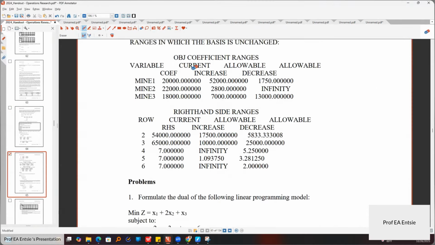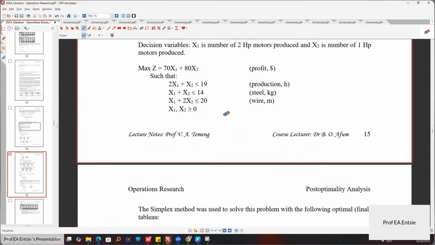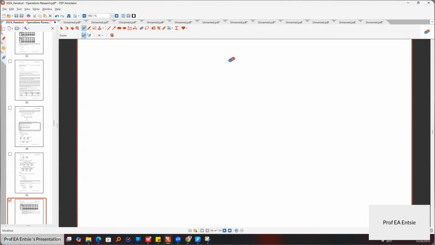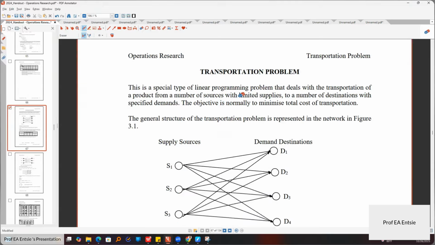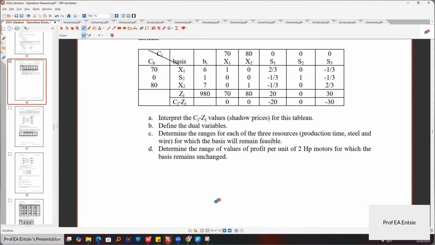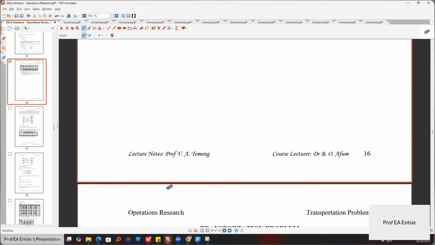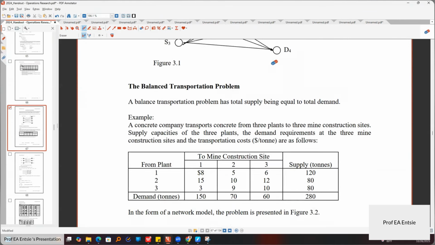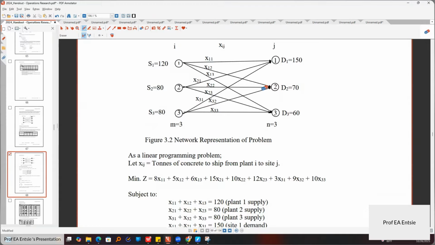So you can be trying your hands on some of them. Transportation comes before assignment in the handout.